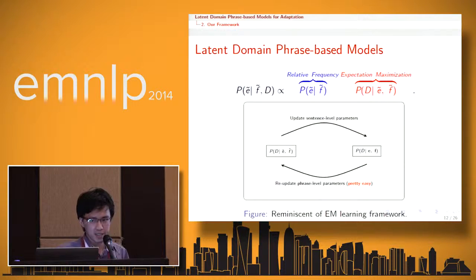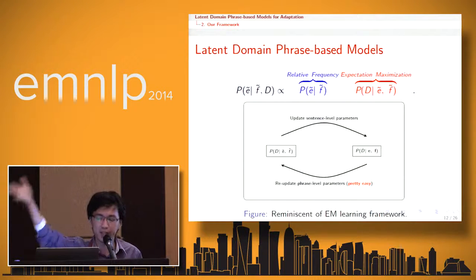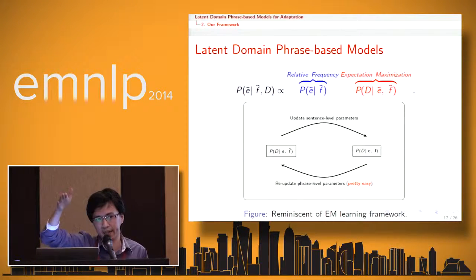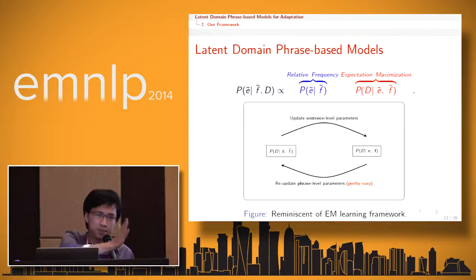Now I will present a demonstration of the EM learning framework for P of D given phrase. To learn P of D given phrase, we can embed the probabilities into the phrase transition probability. You can see here, you use P of D given phrase to update P of D given sentence, and then use P of D given sentence to re-update P of D given phrase. It's pretty straightforward and simple, in two steps.